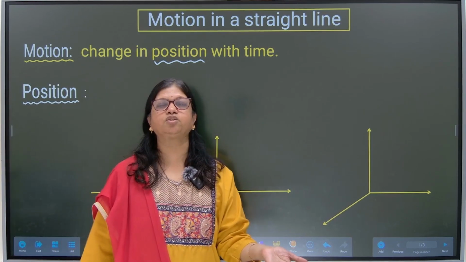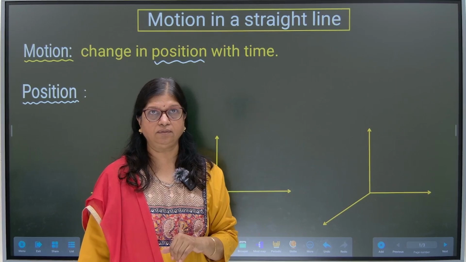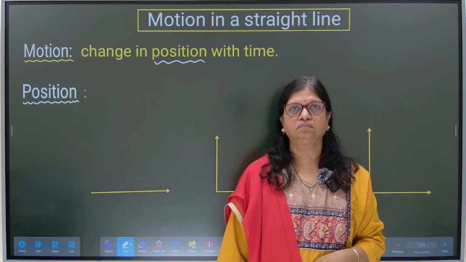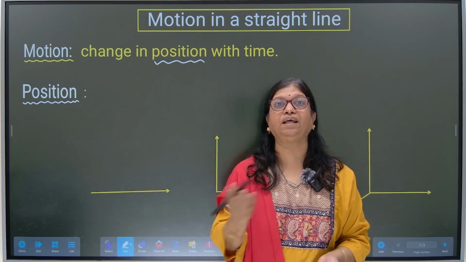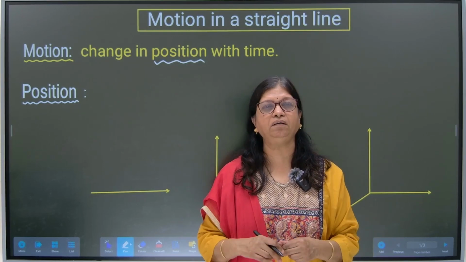So now let us talk about position. How can I determine the position of a body? Can I say I am here, I am there? Just by saying I am here and I am there, can you identify where I am?